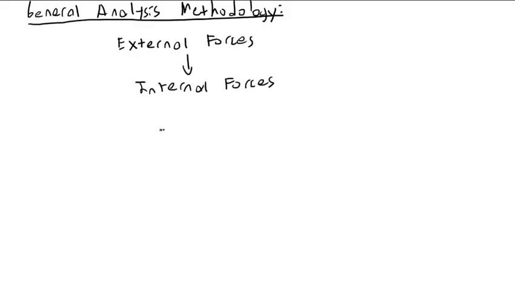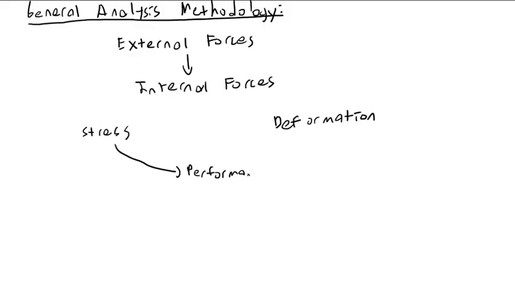And then from these, we get stress and deformation. And there is some interaction between these. And both of these are performance criteria, they define what we call performance. And these often affect each other.